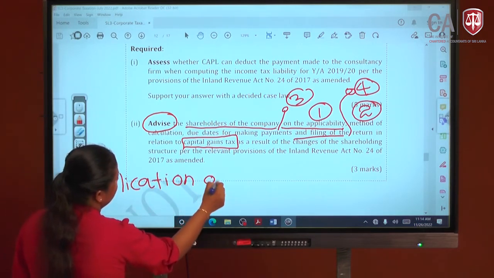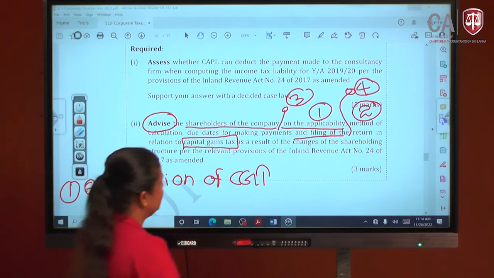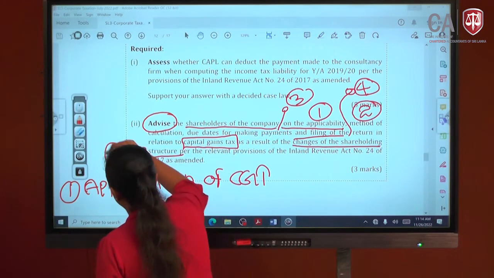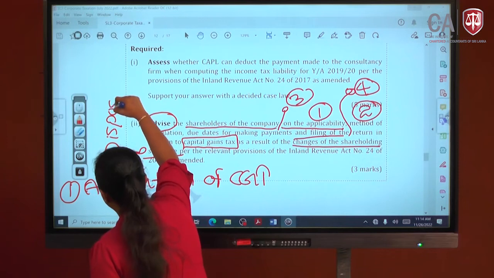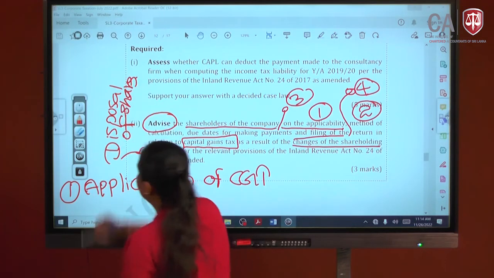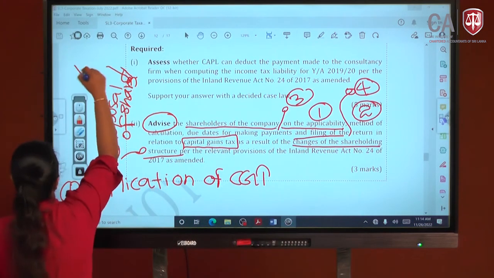Application of CGT. On what, Lamai? They are asking about the changing of the shareholding structure. This is the disposal of shares. Shares are what? Shares are an investment asset.